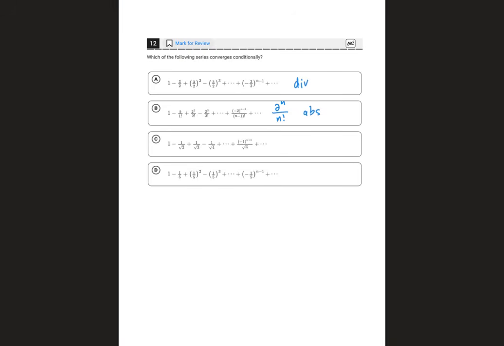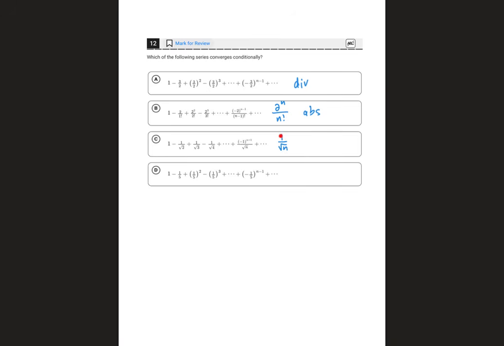Okay, the next one, we can see the series on its own is really just 1 over root n. So this is decreasing and goes to 0, so this alternating series will be at least conditionally convergent.